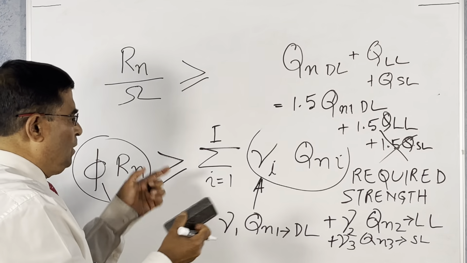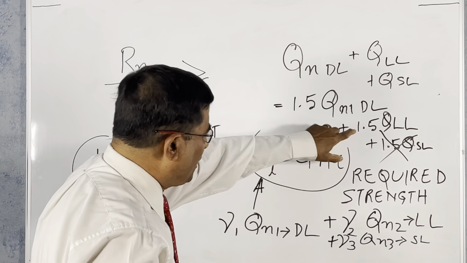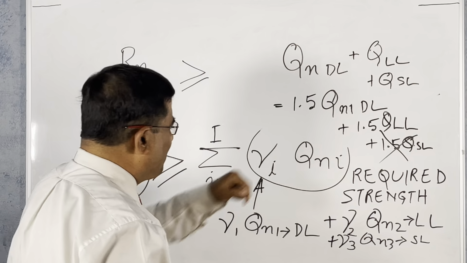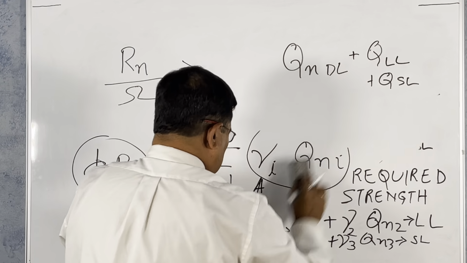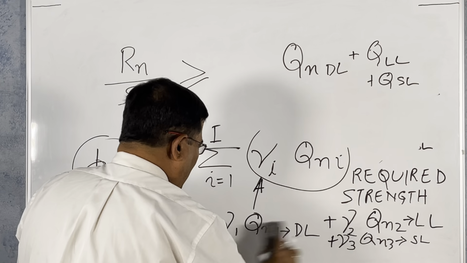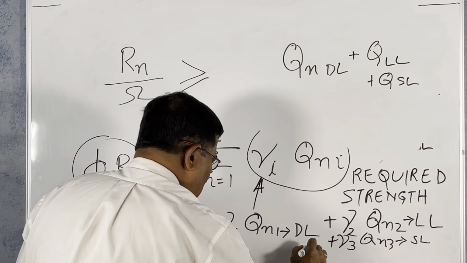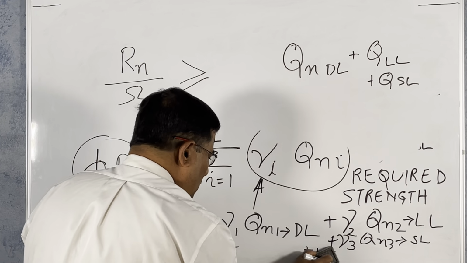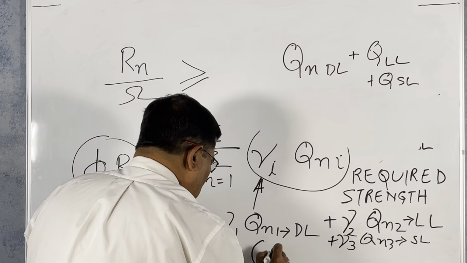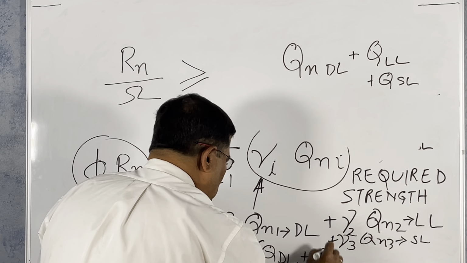But almost it is the same, because why? See what happens. If you have 1.5, 1.5, you take 1.5 common, so it is Q dead load plus Q live load.